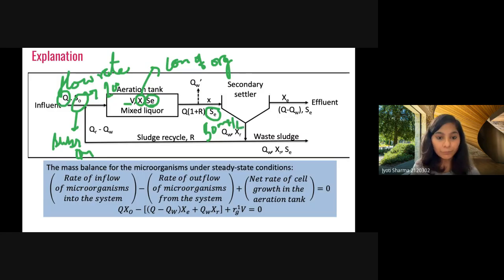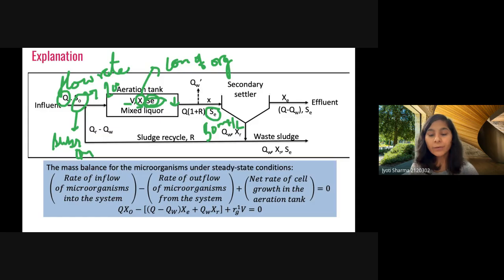Some substrate with some flow rate will come into this aeration tank. Then in that aeration tank, after degradation of organic matter, your substrate will be reduced because we have microorganism concentration.